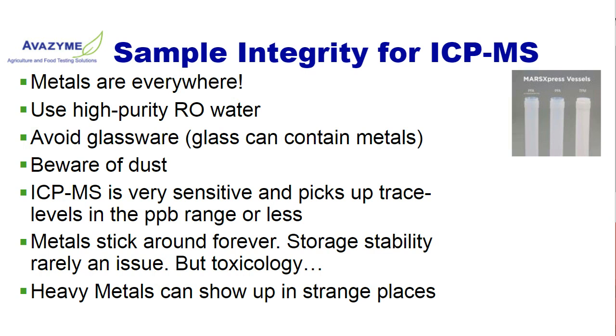We also use high purity reverse osmosis water, but for the same reason, we prove that it is low in metals contamination or absent, and we check it constantly. Dust is another big source of potential contamination. So we do a lot of things in the fume hood where the air is moving, and that helps to keep that down.